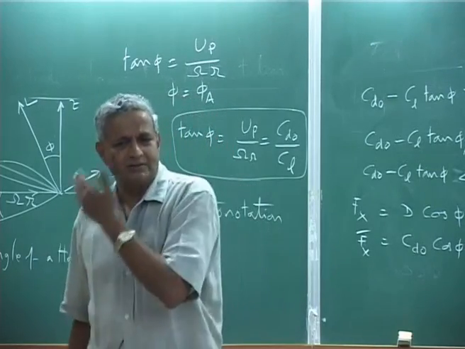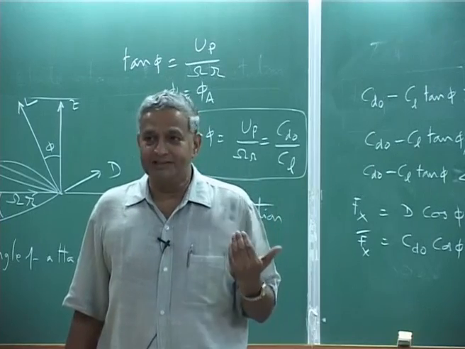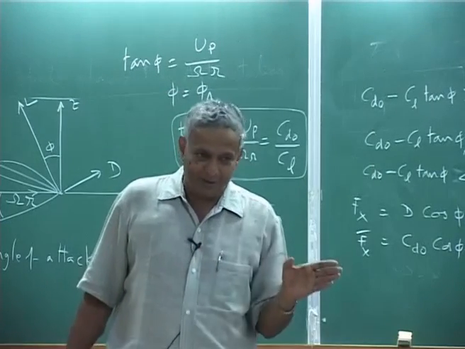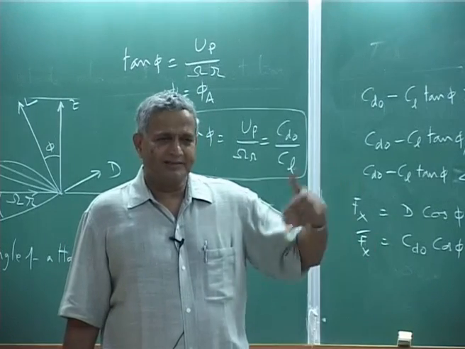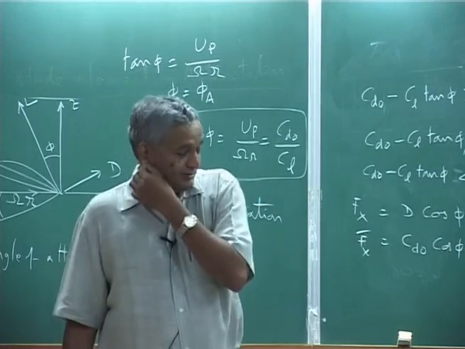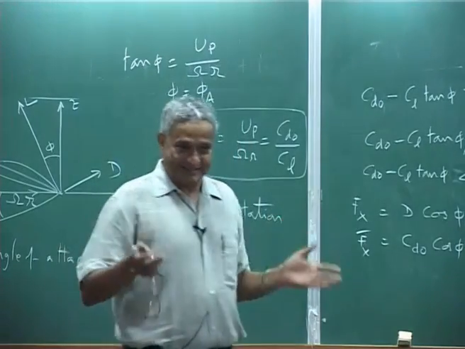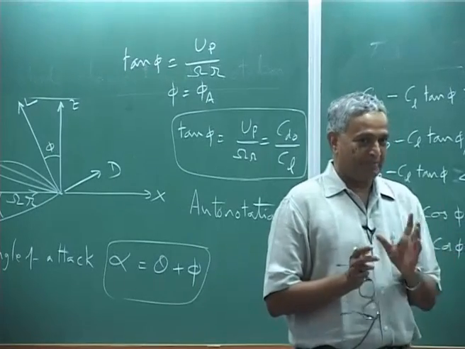So, the industry develops their own cross section of the aerofoil for rotor blade, and then they use it. It has evolved over years of their testing, so they will not reveal all the details. Now, this is a very interesting physics.